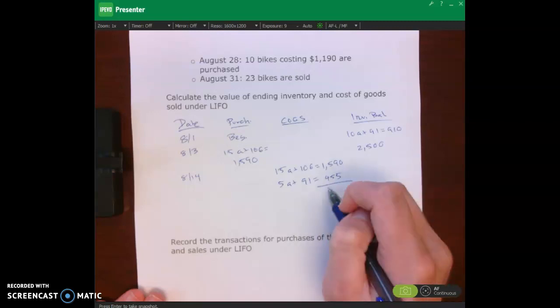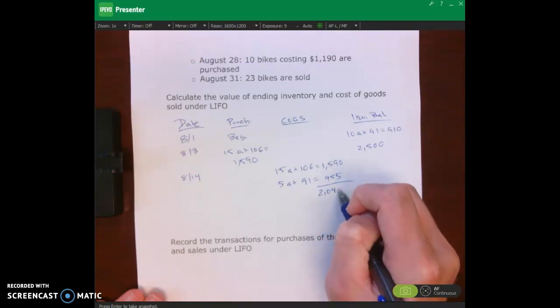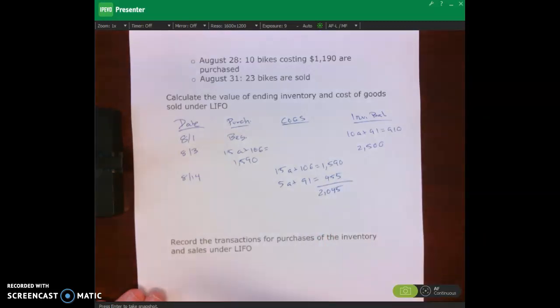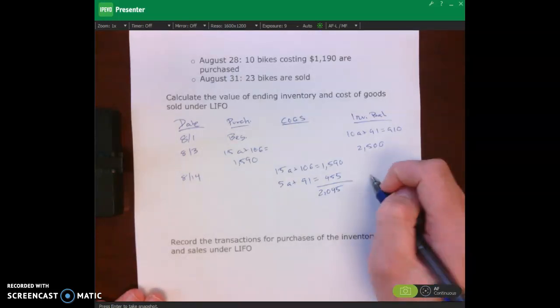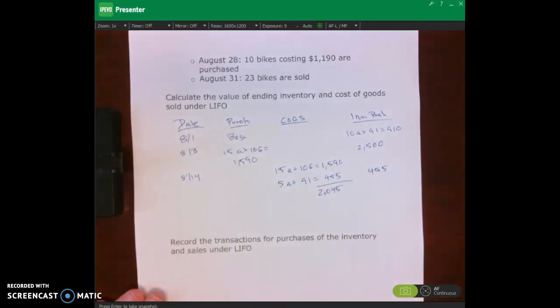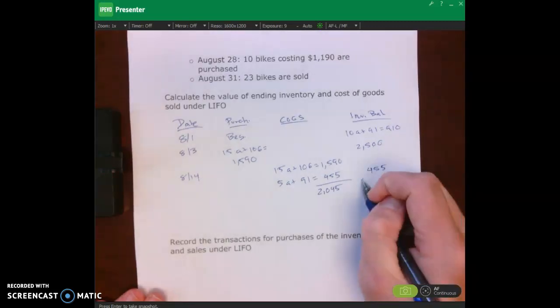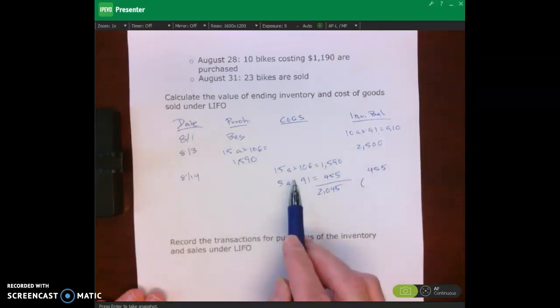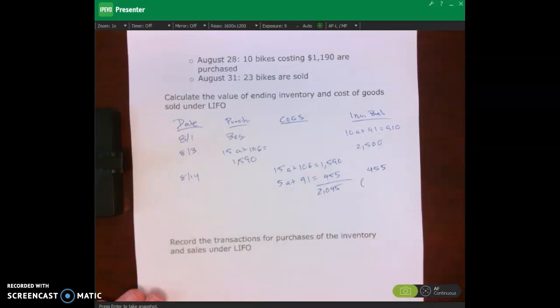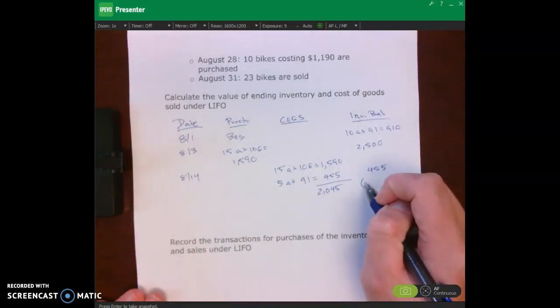We add those two together, gives us cost of goods sold, 2,045. 2,500 minus my 2,045 gives me my inventory balance of 455. Which is equal to, which ones didn't we sell? The 5 at 91. Okay, 5 at 91.